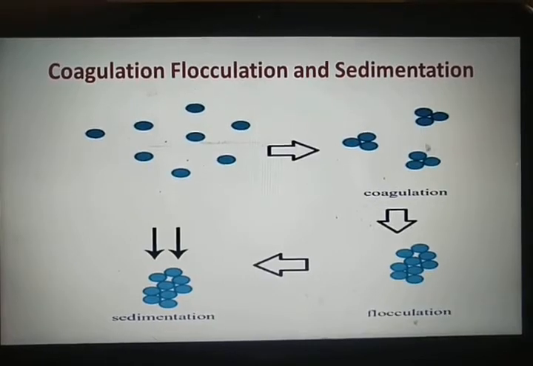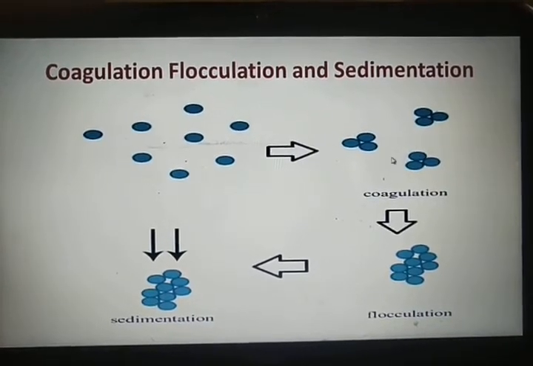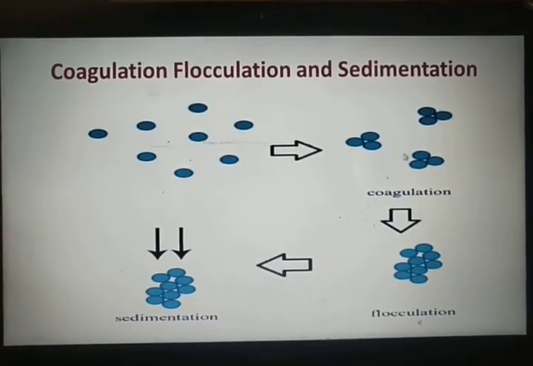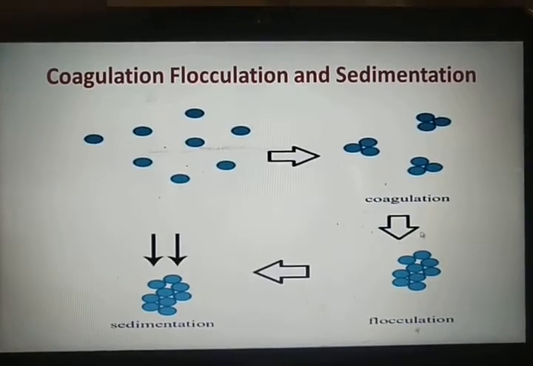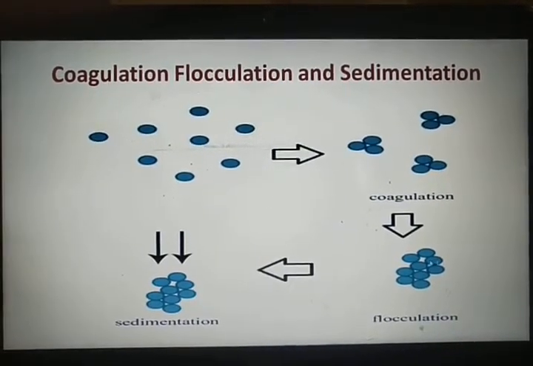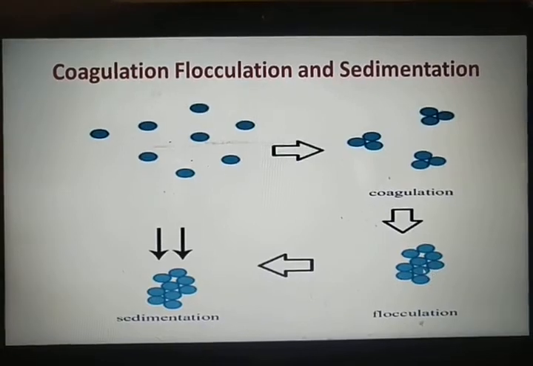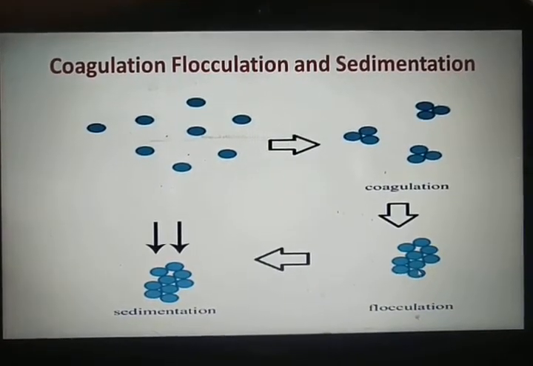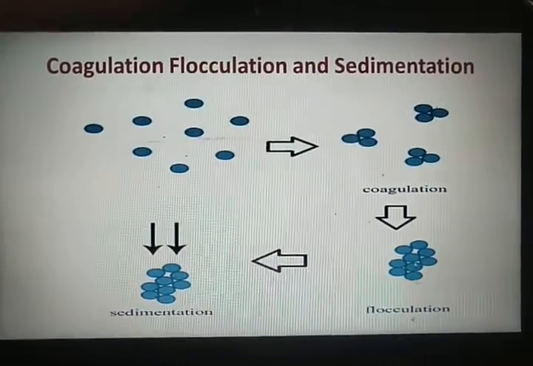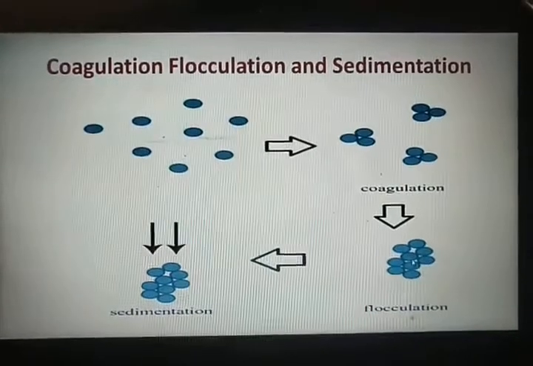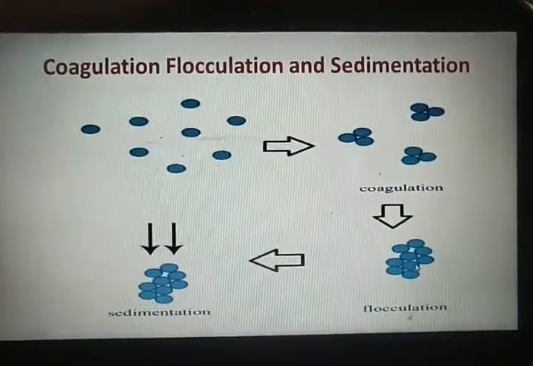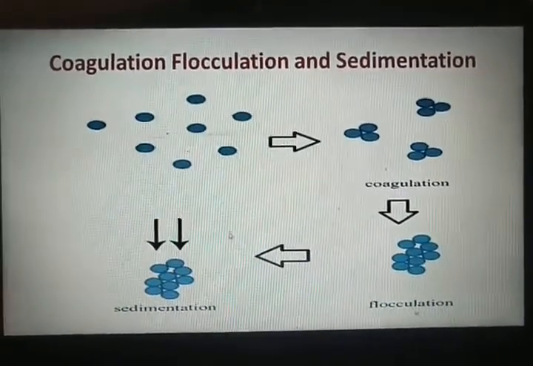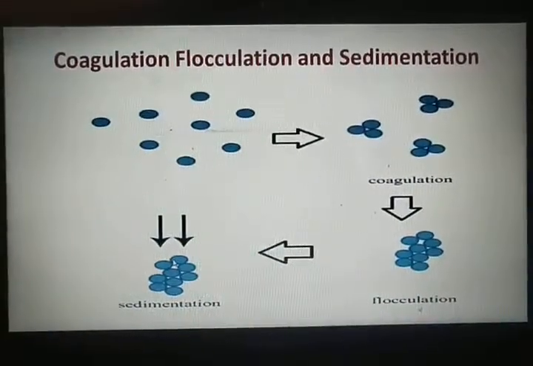And the particles will increase in size by bumping onto each other. Then the particles will form flocks. These are called flocks, and the process we call flocculation. Thereby it will increase in size, and due to the influence of gravity they tend to settle, and that is called sedimentation.